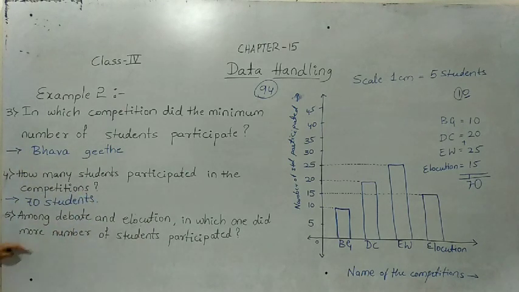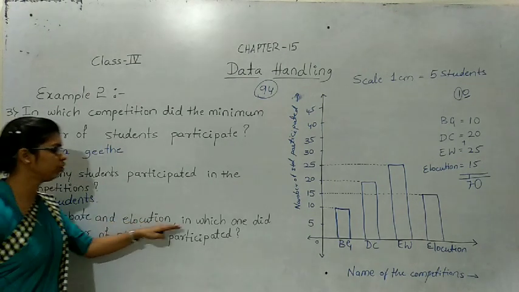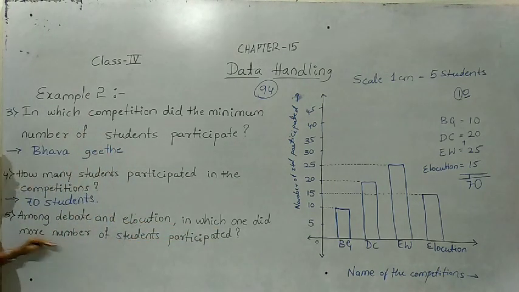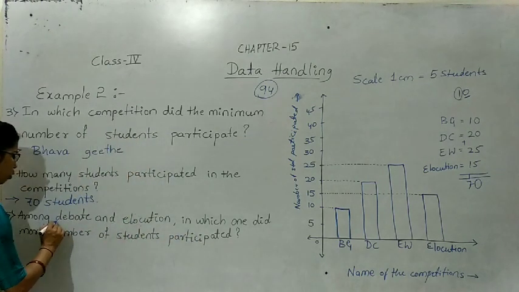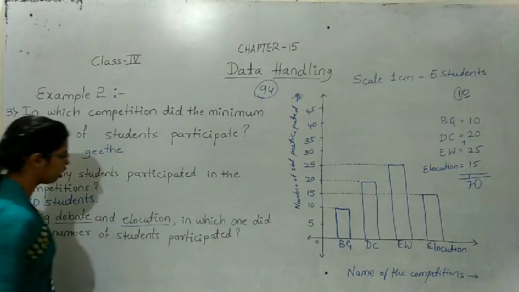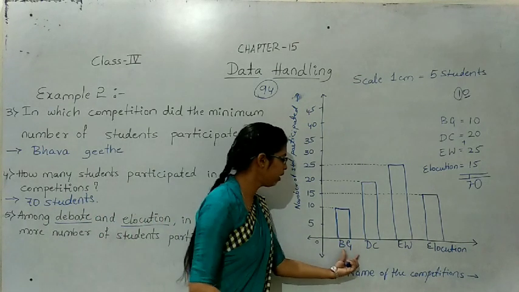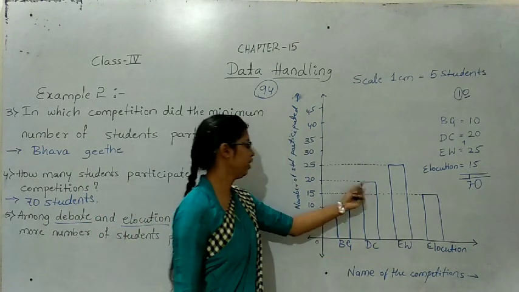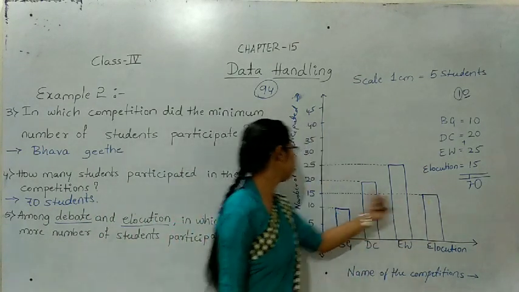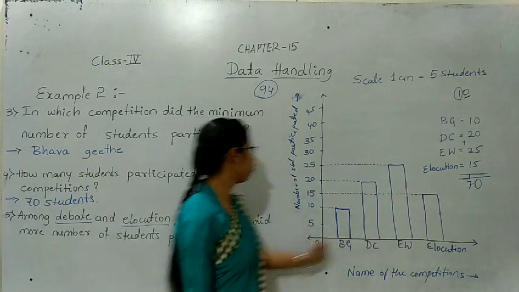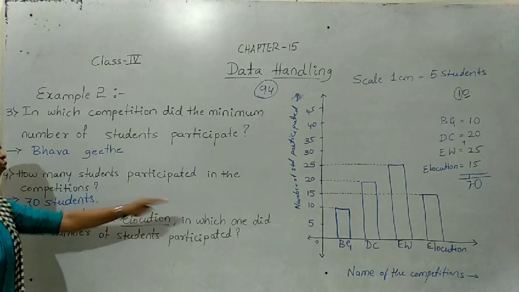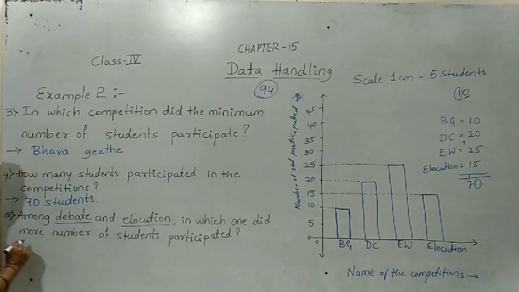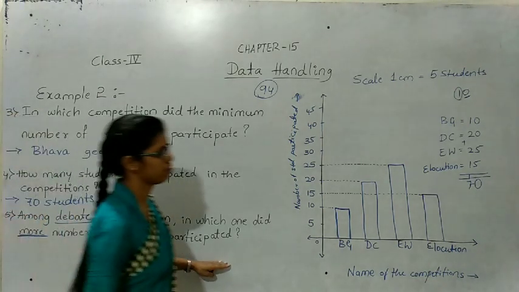The last question, among debate and elocution, in which one did more number of students participate? See here, one is debate and another one is elocution. Here the debate is 20 members but elocution is 15. So what they are asking, among debate and elocution, in which one did more number, not less number, more number of students participate?